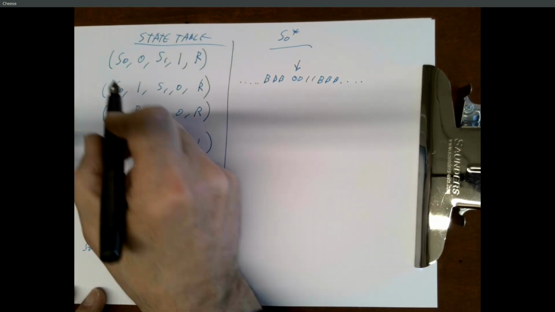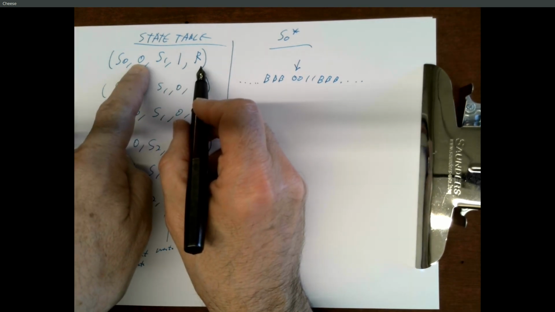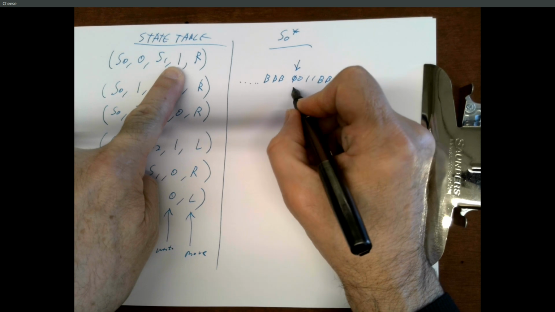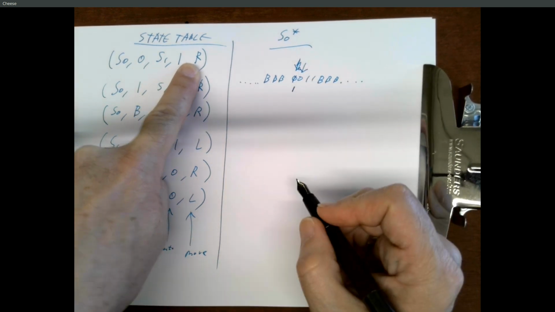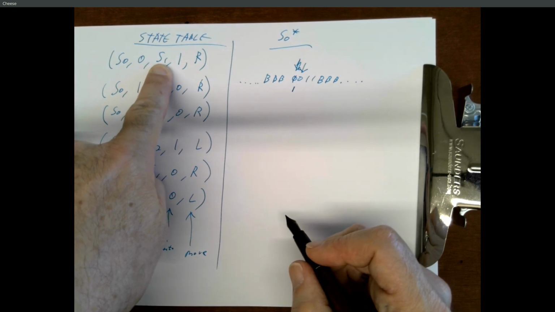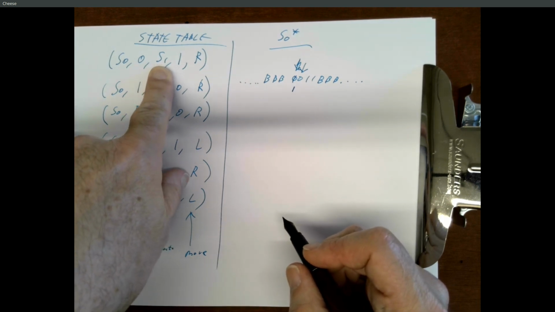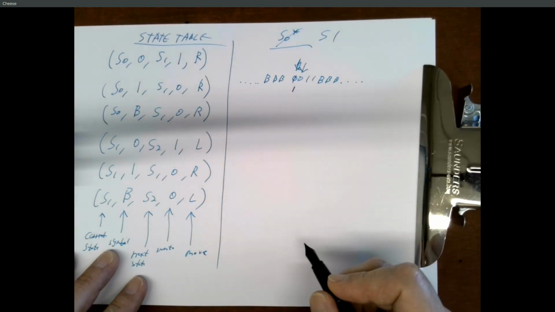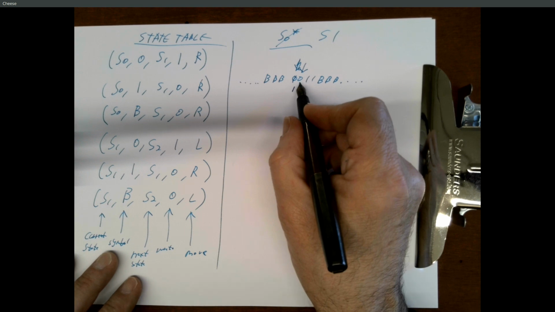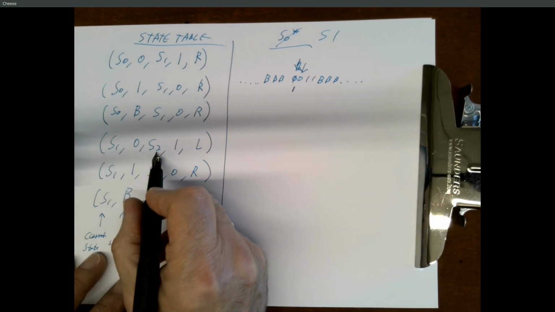Okay, so we need to find a rule that says we're in state 0 and we have a 0 as our symbol. And there's one rule, it's this one right here. So it says we should replace that symbol with a 1, we should move to the right, and we should go to state S1. Everyone got that? Okay, so now we're in state S1, and we have a 0 under the read-write head. So we're looking for a rule that says S1 0, that's this rule right here.